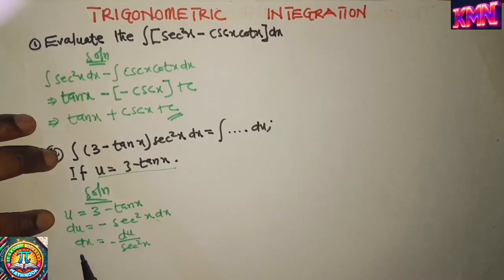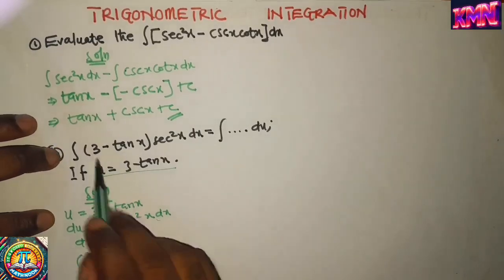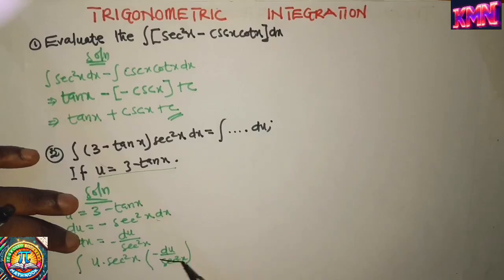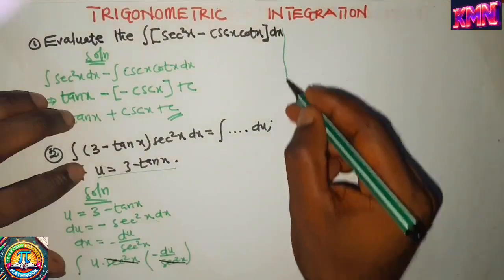substituting. We are getting the integral of, this is u, so we are going to have u, then sec square x, then the dx is this, of which this cancels this.